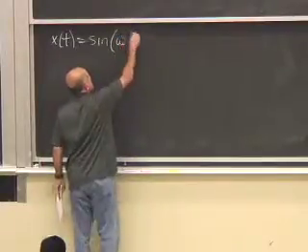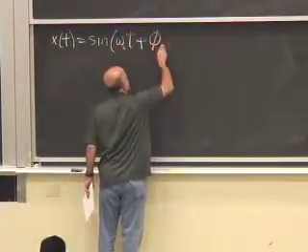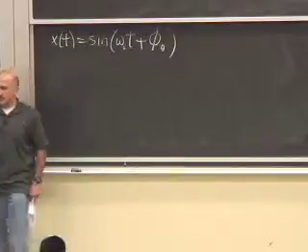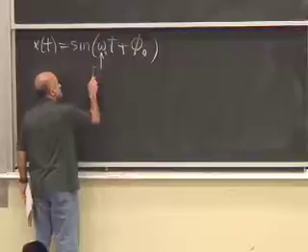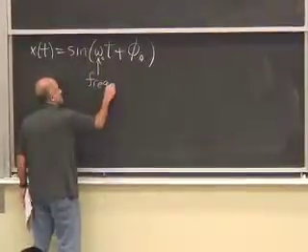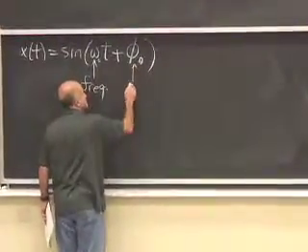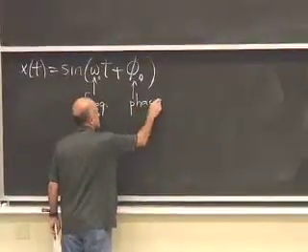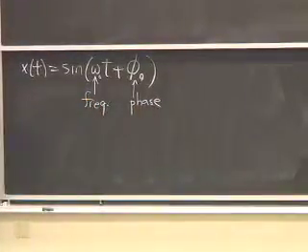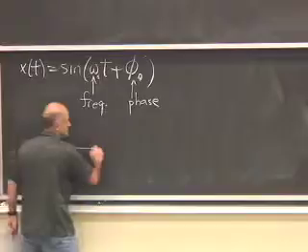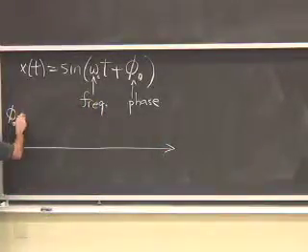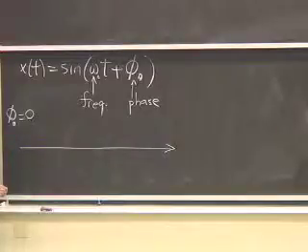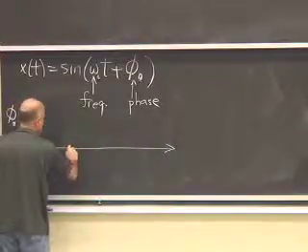It's got a particular frequency, and now I add an angle. So this is the frequency and this is the phase. I plot the case where phi naught equals 0. In other words, I'm plotting sine omega naught t.